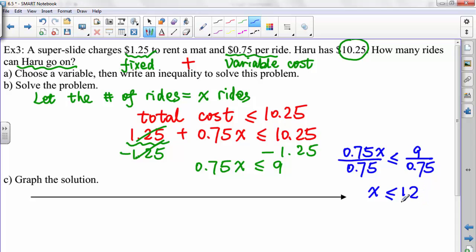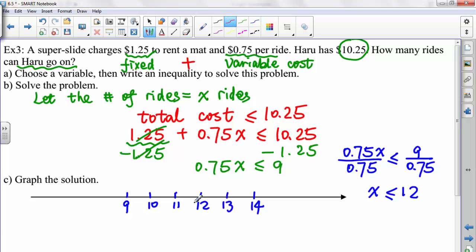So if Haru does not want to spend more than $10.25, the number of the rides he can go on is less than or equal to 12. So if you want to label the solution on the number line, we can start from 9, 10, 11, 12, 13, 14.